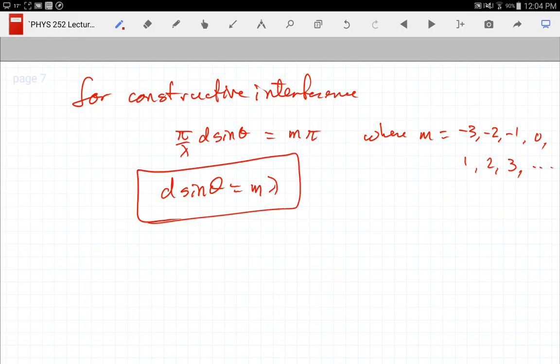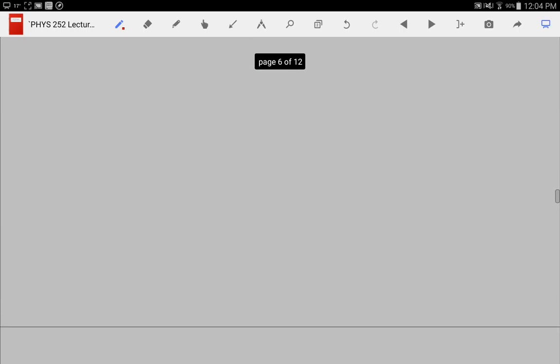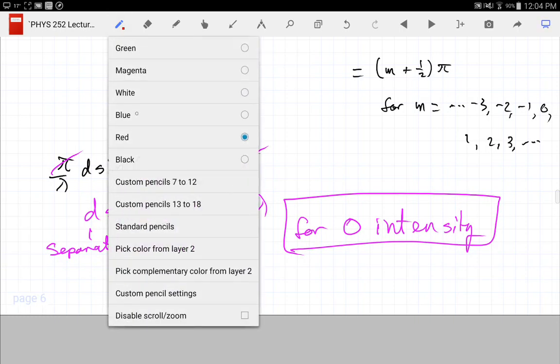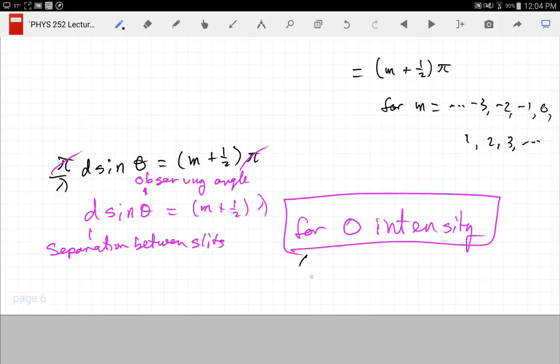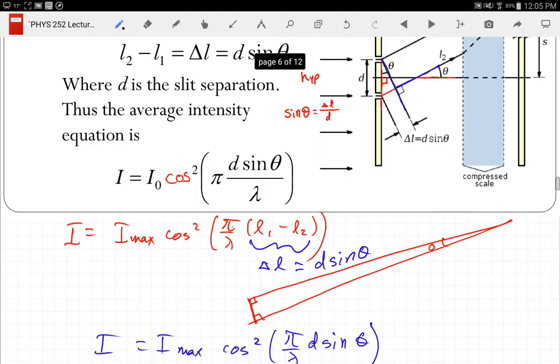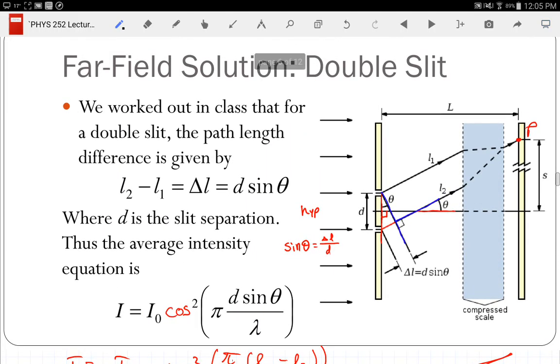So there's my constructive interference case; the destructive interference was for half integers. What if I was at some angle other than those two angles we specified?